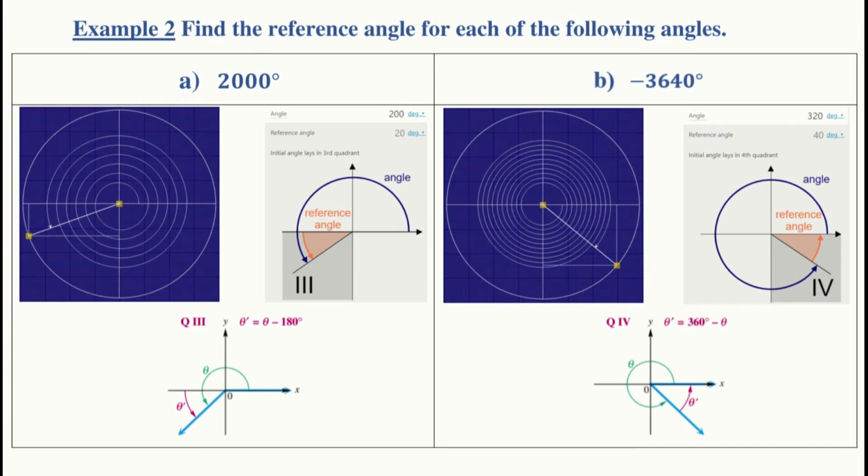For our next example, we're going to look at a couple of angles whose measures are not between 0 degrees and 360 degrees. And if you recall, what we need to do with these types of angles is we need to first find an angle that's coterminal with them, which is between 0 and 360 degrees. So the first graphic here is for demonstration purposes only.